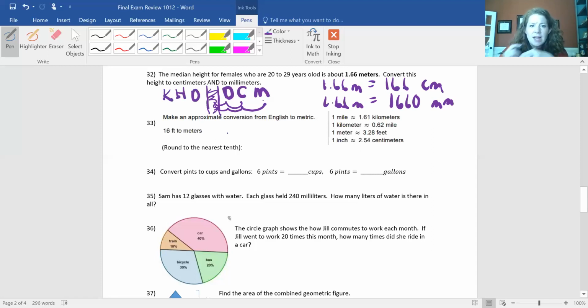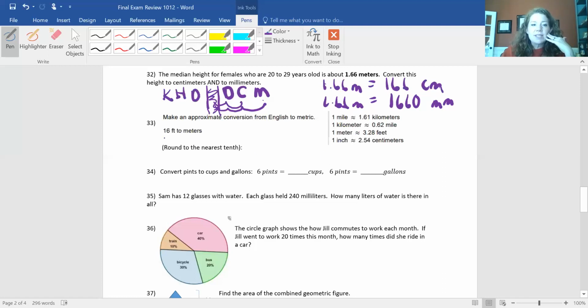Now going from American standard measurement to the metric system, I wouldn't expect you to memorize those conversions. So hopefully you're going to be given a chart like this. I'm sure of it, because I don't think you're going to be asked to memorize these conversions.